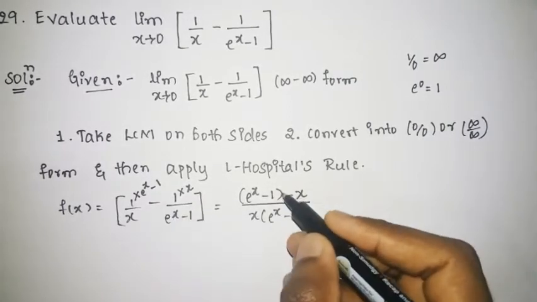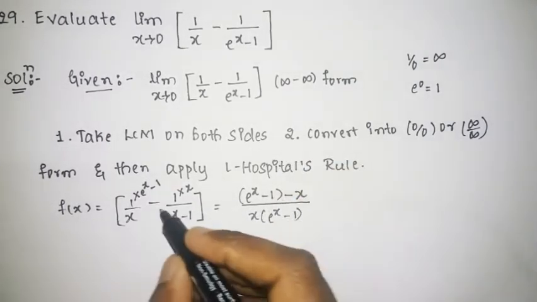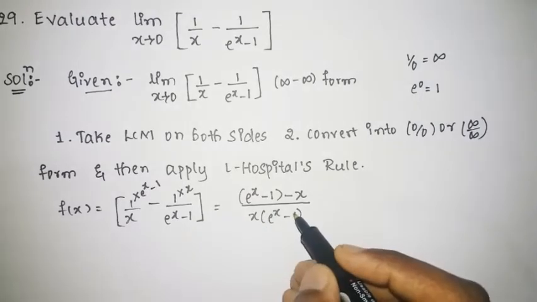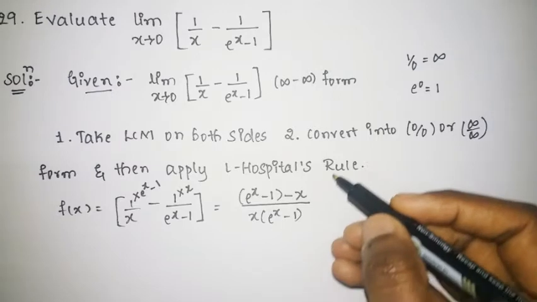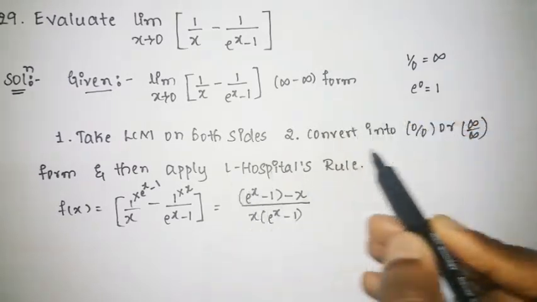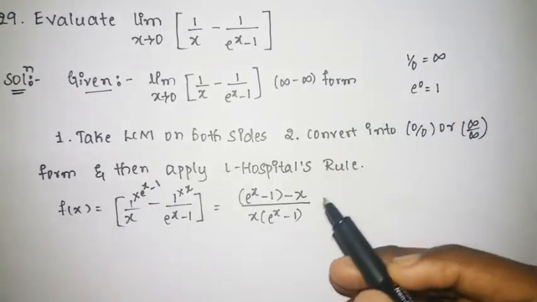Now we have found the LCM on both the sides. Next we shall again substitute the limit as x tends to 0 and check whether we have reduced it to 0 by 0 form or infinity by infinity form.